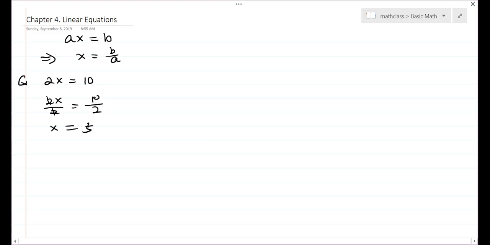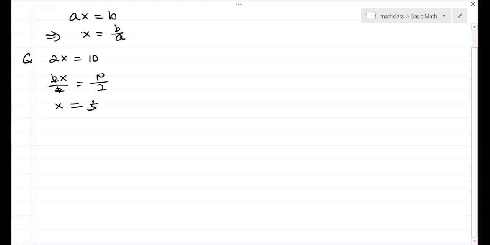Of course, we are not always given simple equations like this. Sometimes we are given equations a little bit more complicated. We have more terms, and in general, here's the idea. If we have equation A equals B, where A represents some algebraic linear expression, you can add another number or subtract another number from both sides.